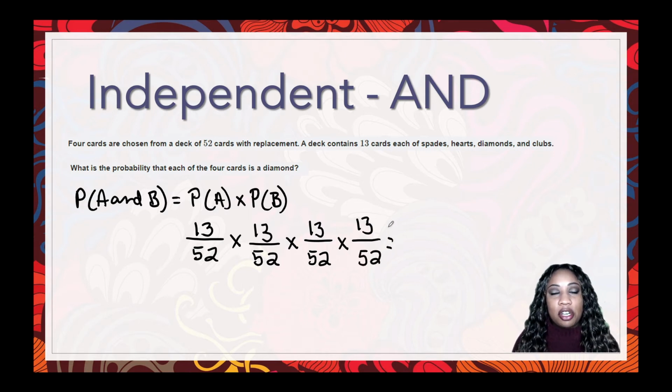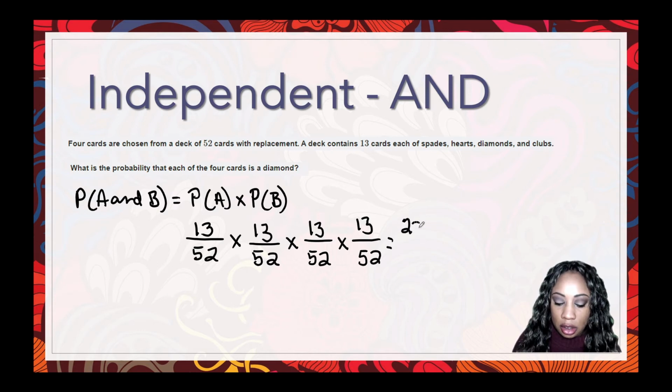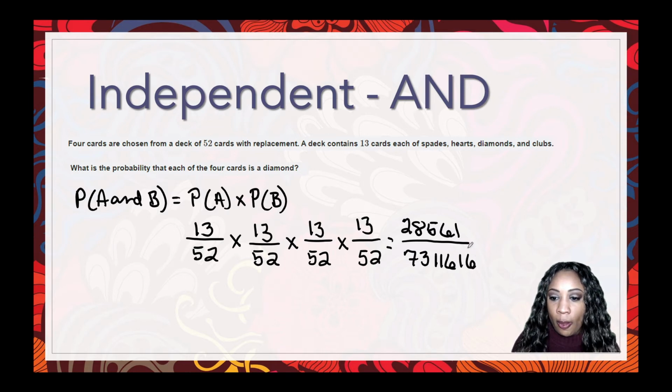Yes, these numbers are going to be really big, and it's okay. So, if we multiply 13 by itself 4 times, we're going to get... And then 52 by itself 4 times. And that will simplify to 1 over 256.